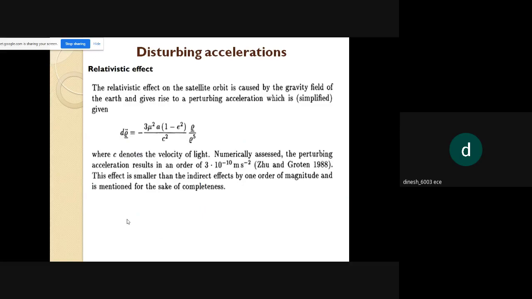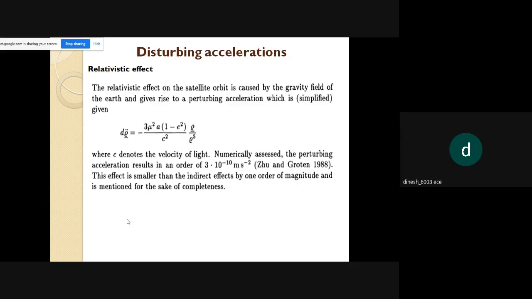Then we have the last effect, the relativistic effect. This relativistic effect is based on the satellite's orbit that is caused by the gravity field of the Earth and gives rise to a perturbing acceleration given by d rho double dot, which is equal to minus 3 mu square a (1 minus e square) divided by c square, times rho divided by rho power 5.